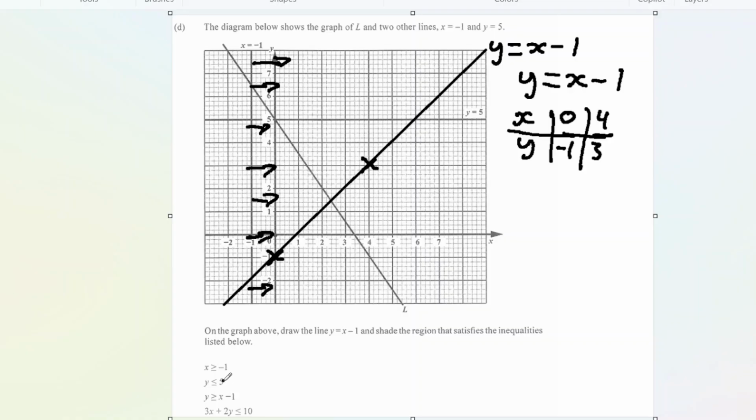Then the next line is y is less than or equal to 5. This is where that line is. It's less than or equal, so we go down. Then the third one is y is greater than or equal to x minus 1. Like this line we just drew here, it is greater than, so we go up.